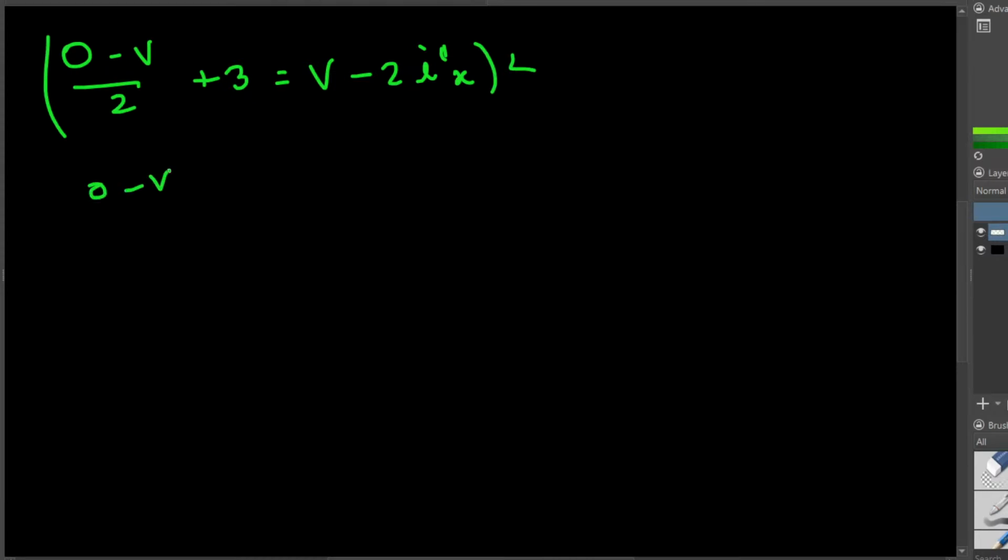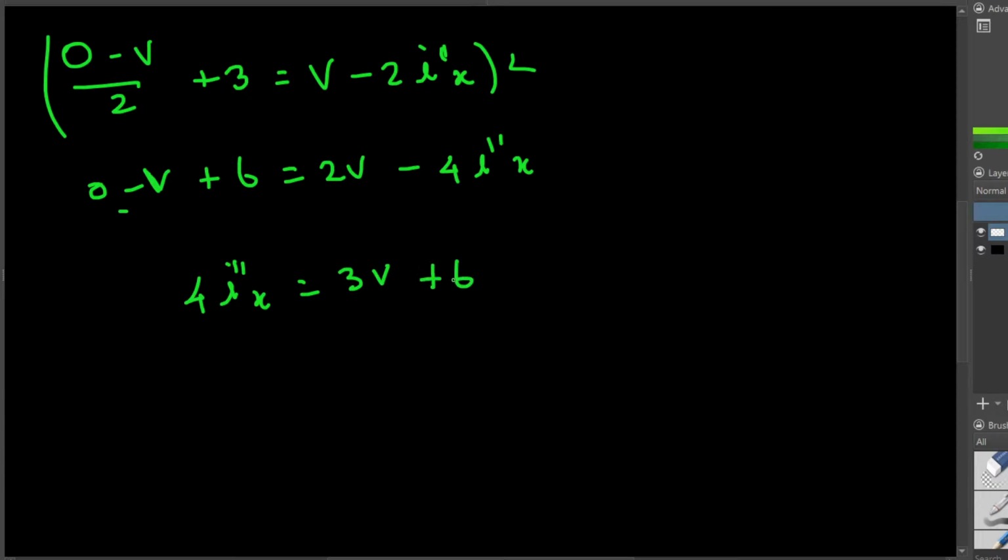So this is going to be 0 minus v, and this is going to be 6, and then this 2v, and this is minus 4 I double prime x. So if I bring this negative to this side, it's going to be positive for I double prime x, and then if I bring this negative to this side, that's going to be positive v. So 2v plus 1v, that's 3v, and we still have the number that is plus 6.